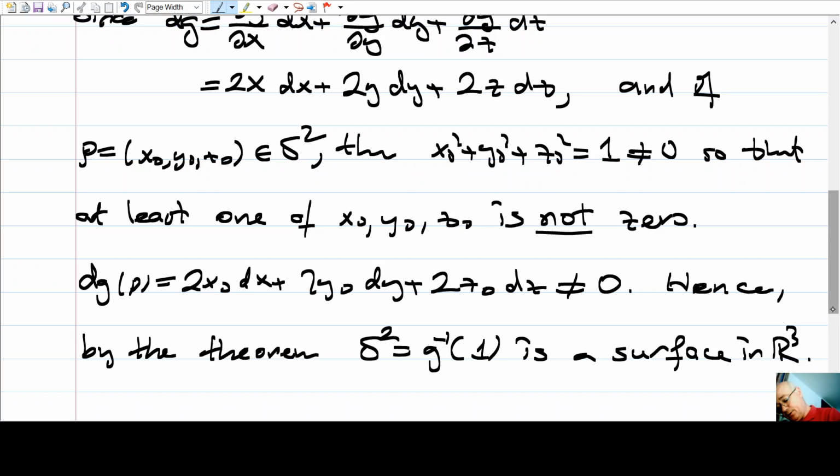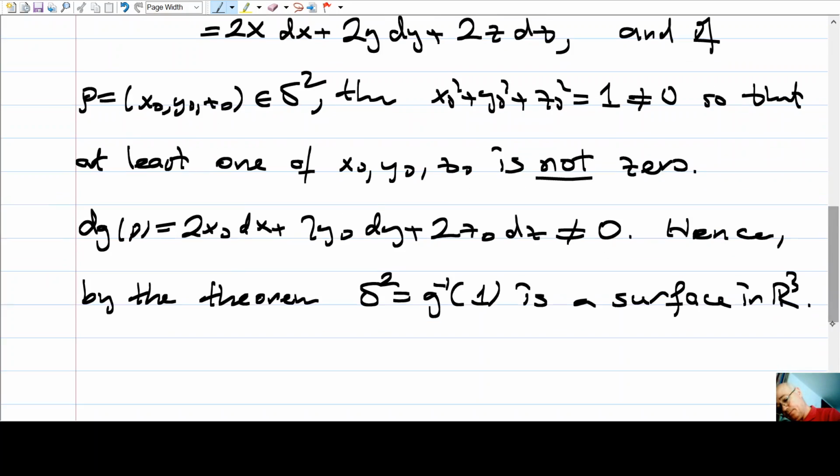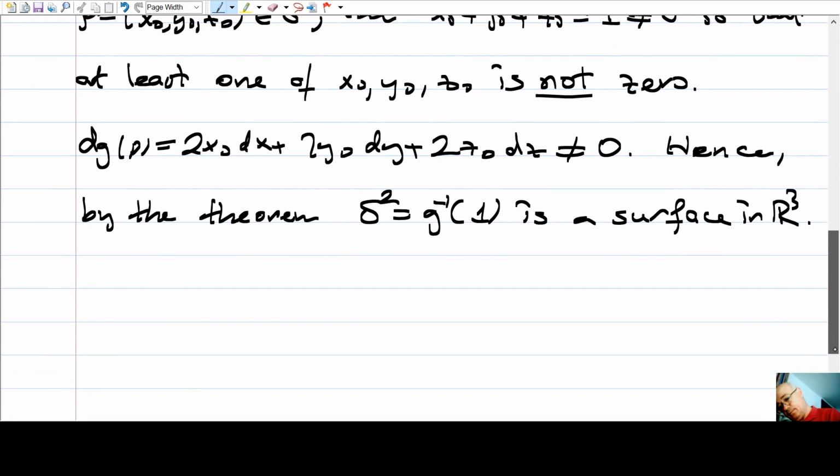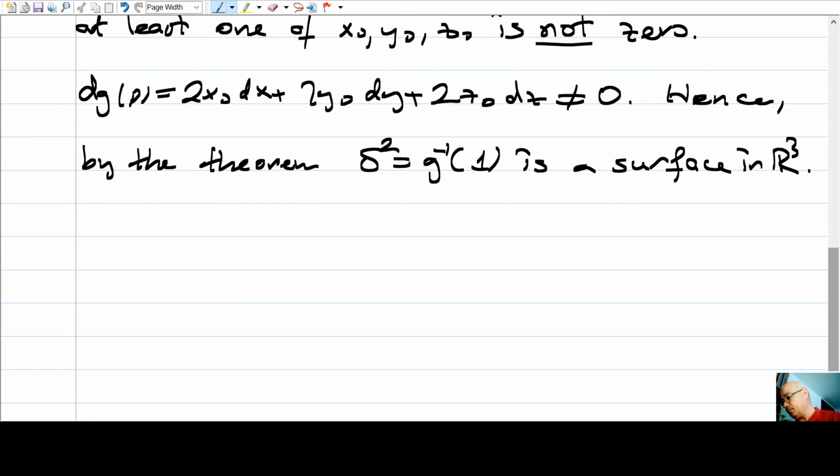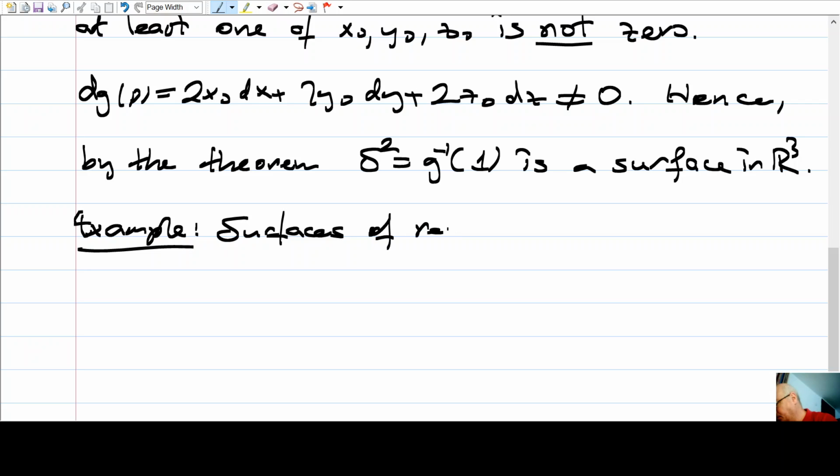Okay, we have another example. This will also be an important class of examples in the study of surfaces, namely surfaces of revolution.